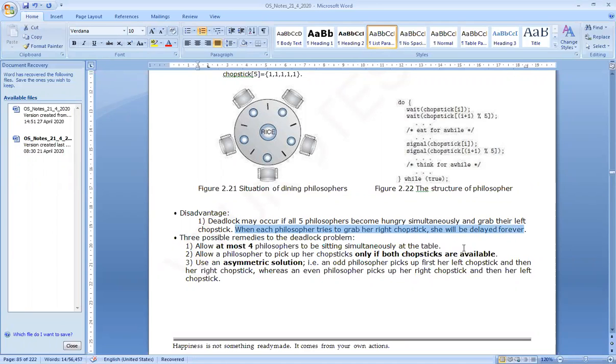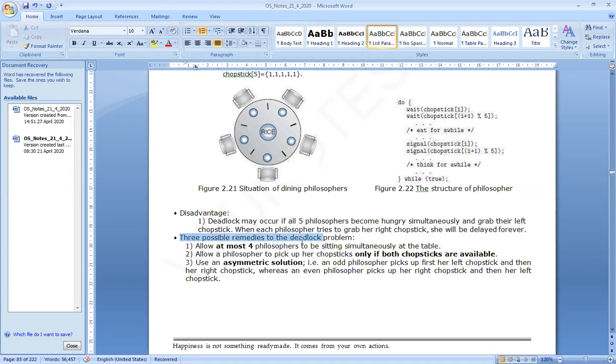So he can't take that chopstick for eating the rice, because it is already taken by another philosopher. This creates a deadlock situation and a delay forever, because the philosopher won't get the right chopstick at all. This scenario is called a deadlock situation.